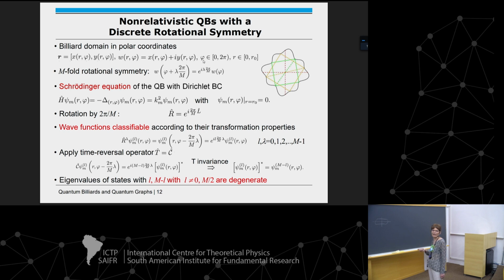Now, if you have a rotational symmetry, then you can separate it such that this gives the wave function at angle phi multiplied with this phase e to the i l 2 pi over m lambda. L and lambda take values between 0 and m minus 1. And L defines the transformation class. So if you choose lambda equal to 1, then you can separate your wave functions according to this transformation property.